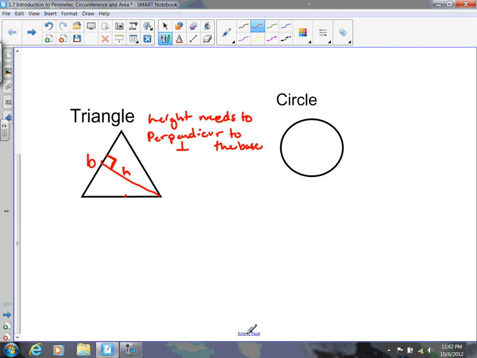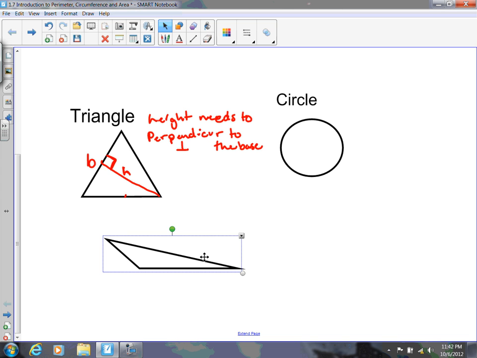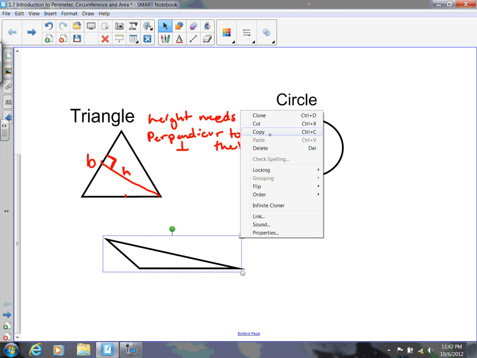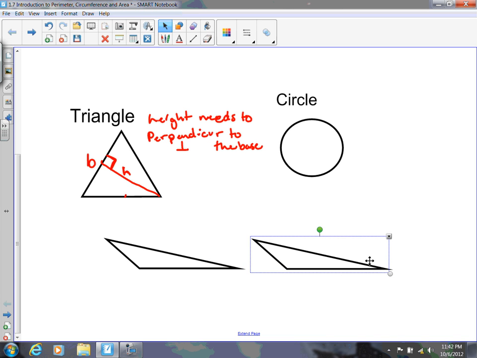If I had a triangle that looked different, I could have a couple different options. I could use basically 3 different ways of doing it.